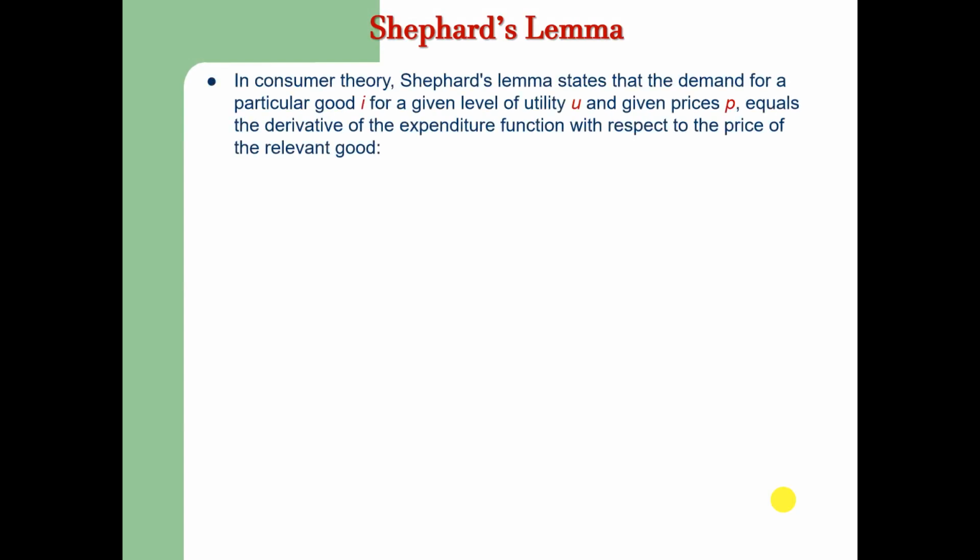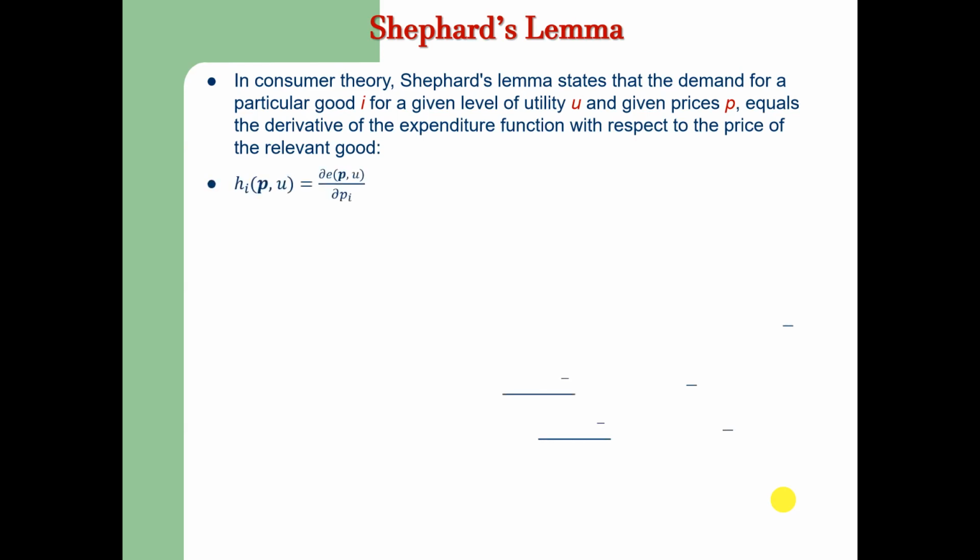So here is a detail about Shephard's lemma. In consumer theory, Shephard's lemma states that the demand for a particular good i for a given level of utility U and given prices P equals the derivative of the expenditure function with respect to the price of the relevant good.